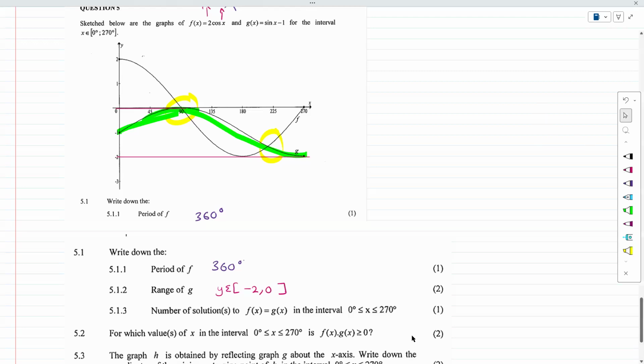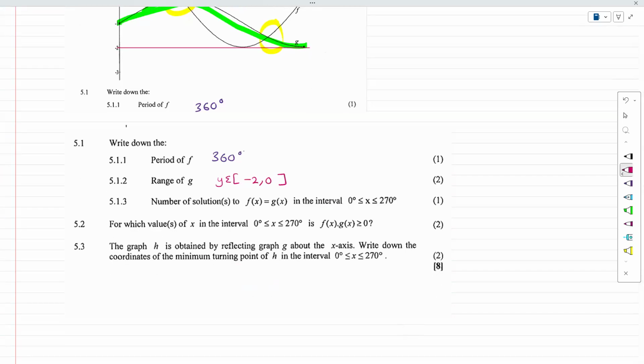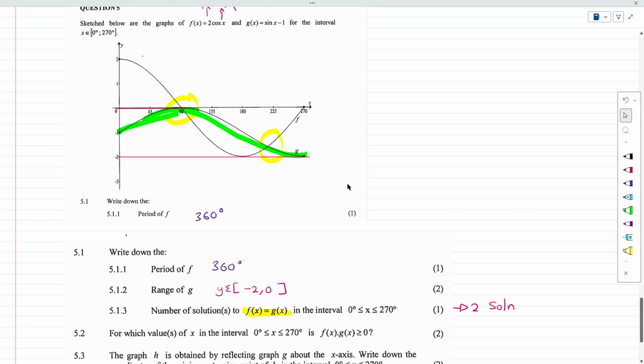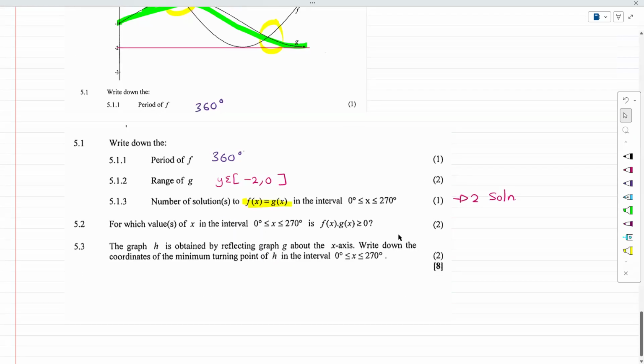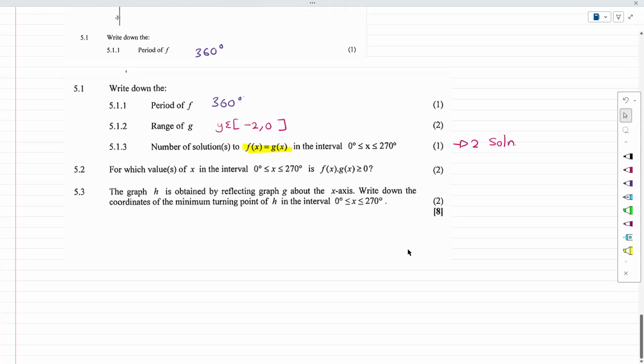But they don't want it. They want the number of solutions. What is the answer to this question? It's 2 solutions, because the only part where f of x touches g of x is when they are equal, right? For which values of x in the interval, now this one is tricky. Again, pay attention.